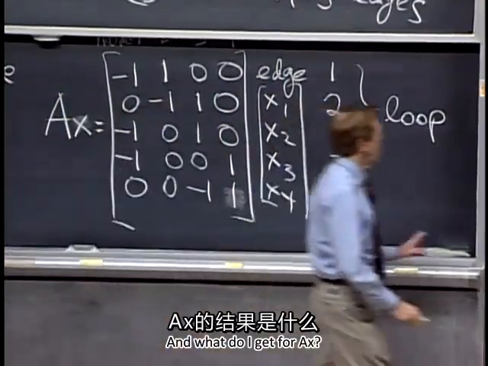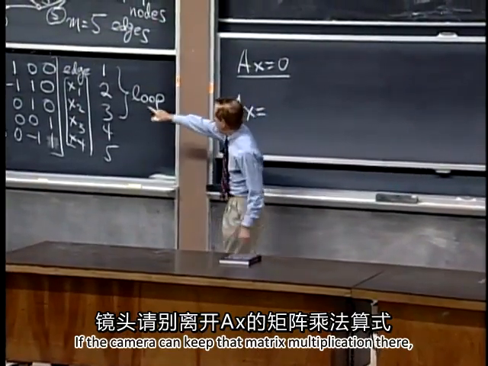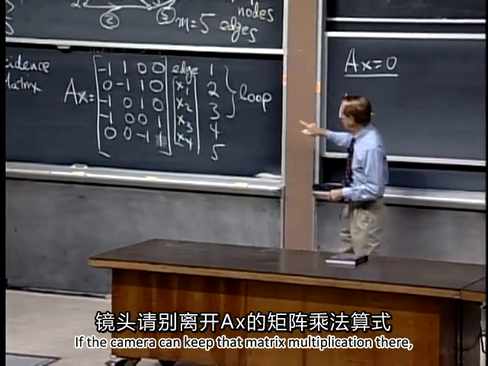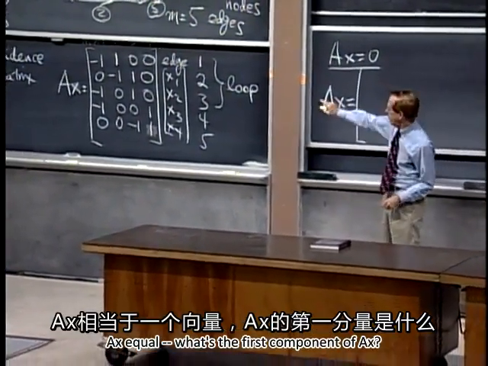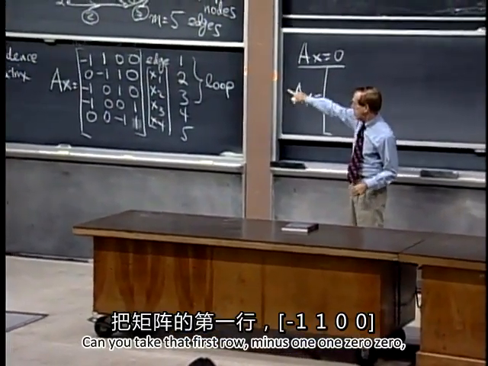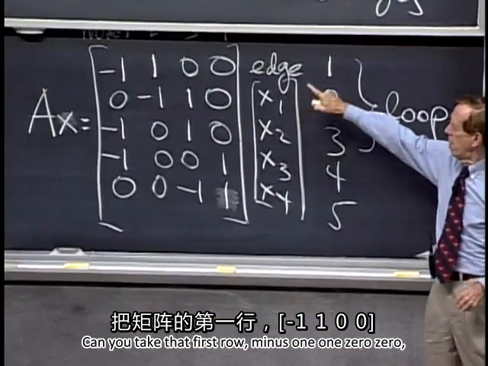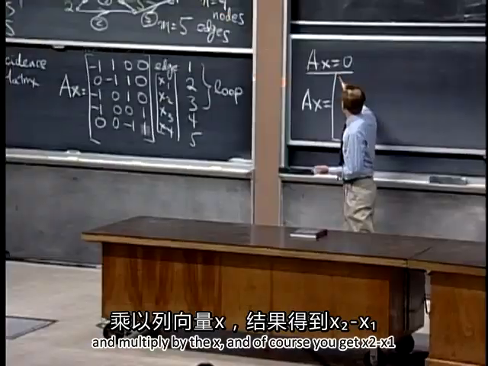And what do I get for Ax? If the camera can keep that matrix multiplication there, I'll put the answer here. Ax equals, what's the first component of Ax? Take that first row, -1, 1, 0, 0, and multiply by the x, and of course you get x2 minus x1.